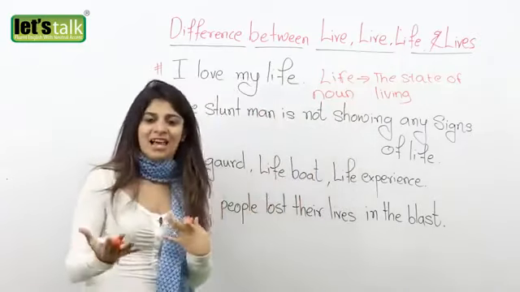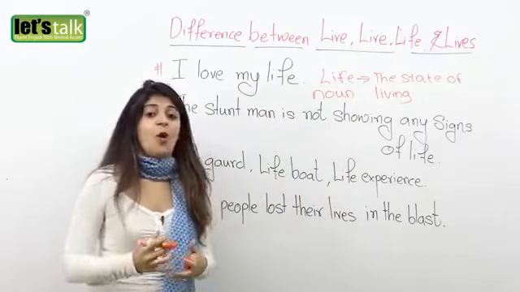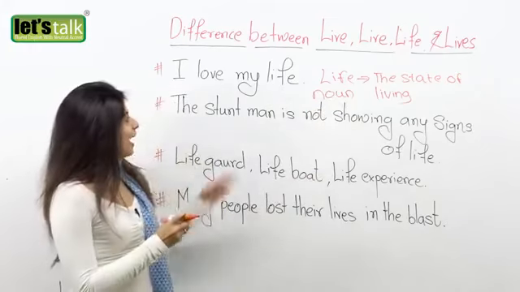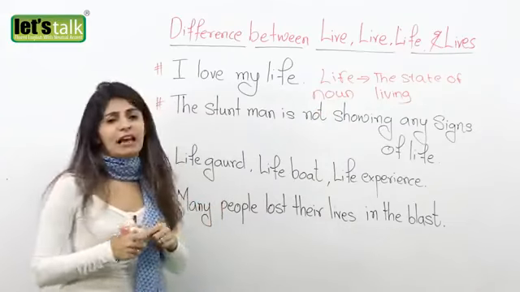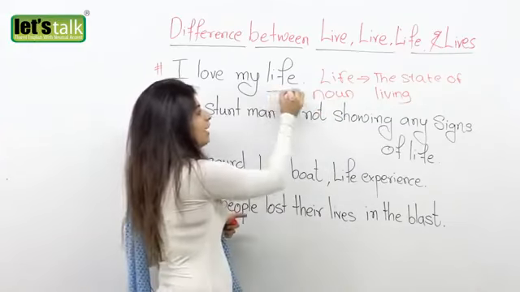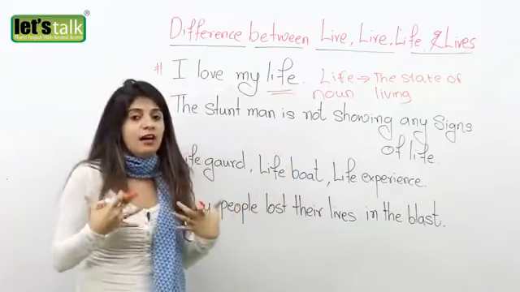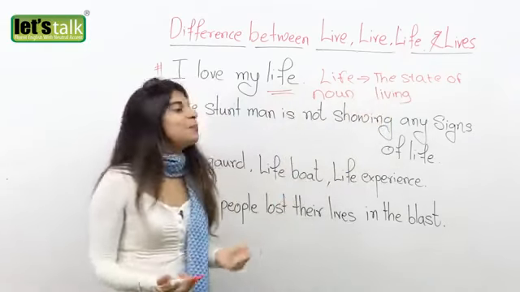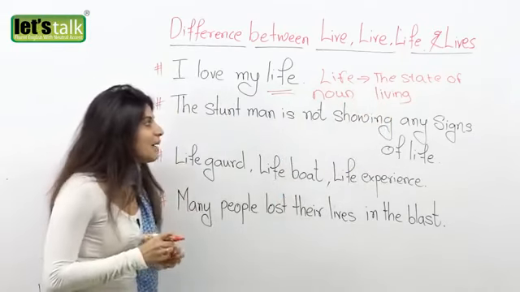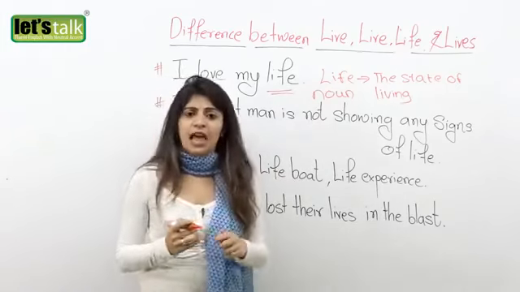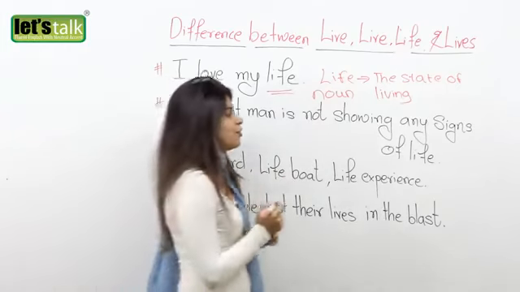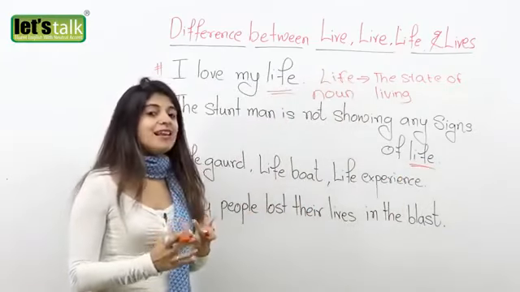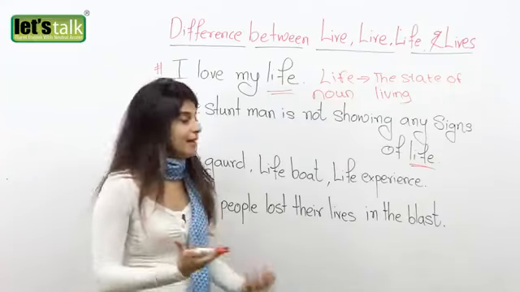Okay, so like my life, your life, his life, wonderful life. So if you look at the example here, I love my life. So the word life means that I really love living, okay? So the state of living means life. Another one is the stuntman is not showing any signs of life. So here we have used the word life, and what exactly it means is that he is not alive, he's dead.